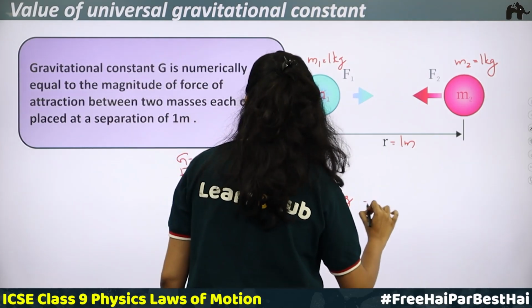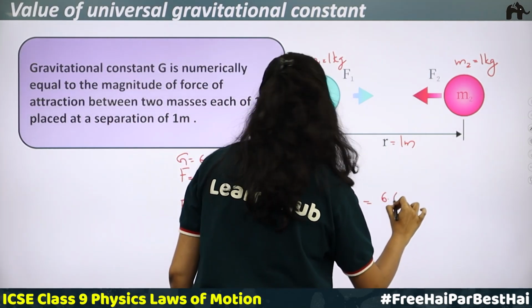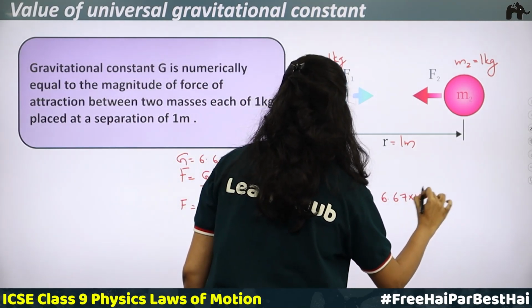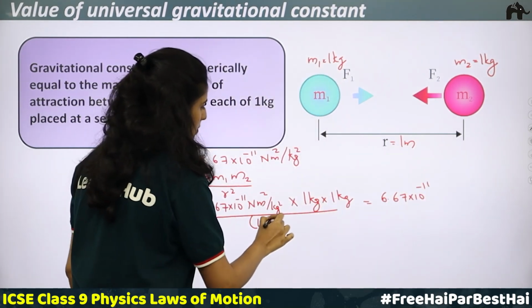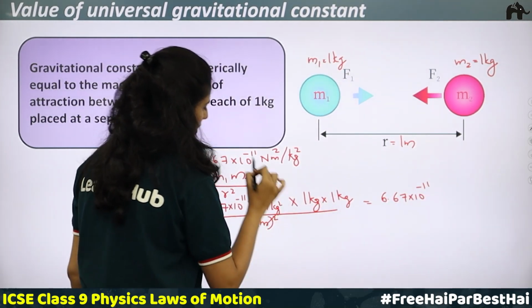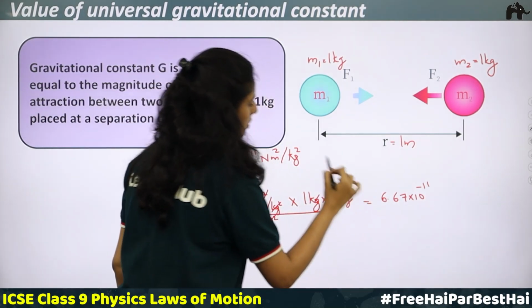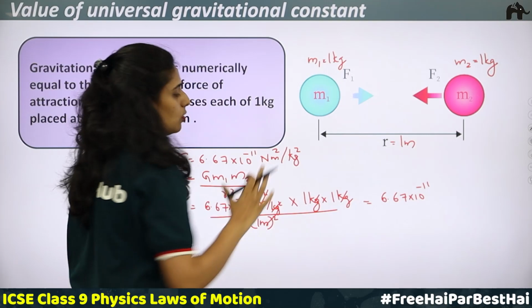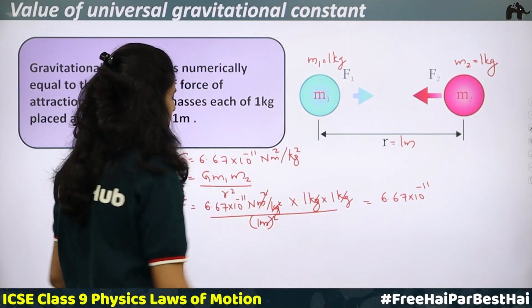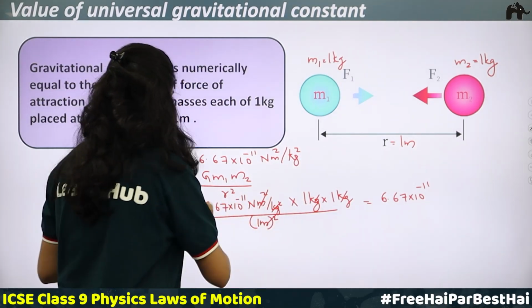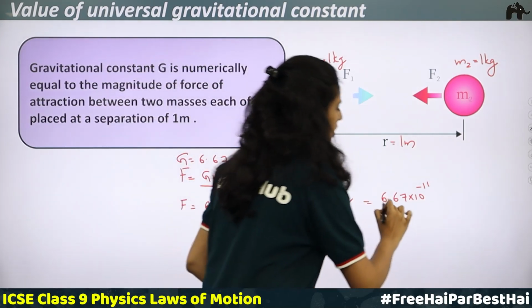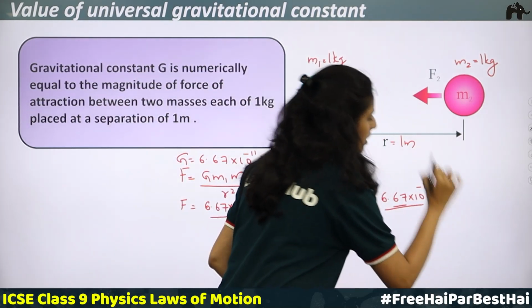Then you will be getting 6.67 into 10 raised to minus 11. Here meter square can be cancelled. Kilogram square is in the denominator, and you will again get kilogram square in the numerator. That can also be cancelled. Then you will be having Newton. So force F is equal to 6.67 into 10 raised to minus 11 Newton.